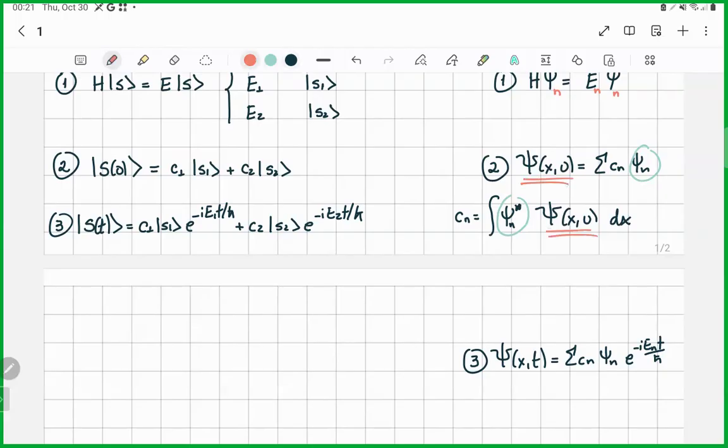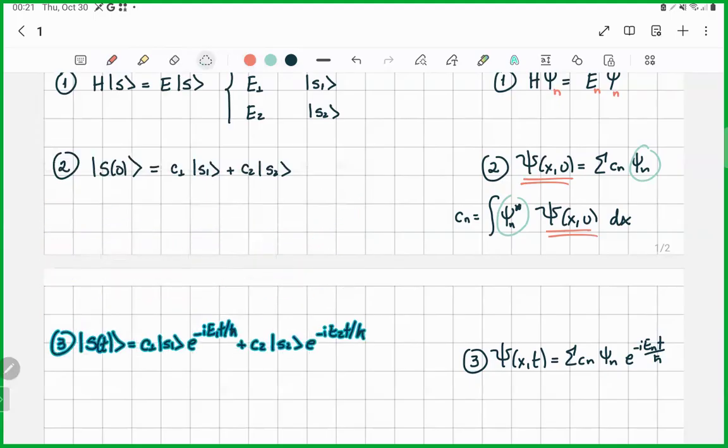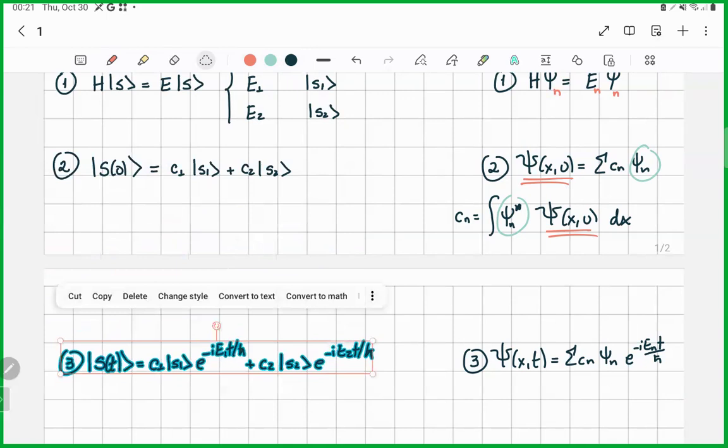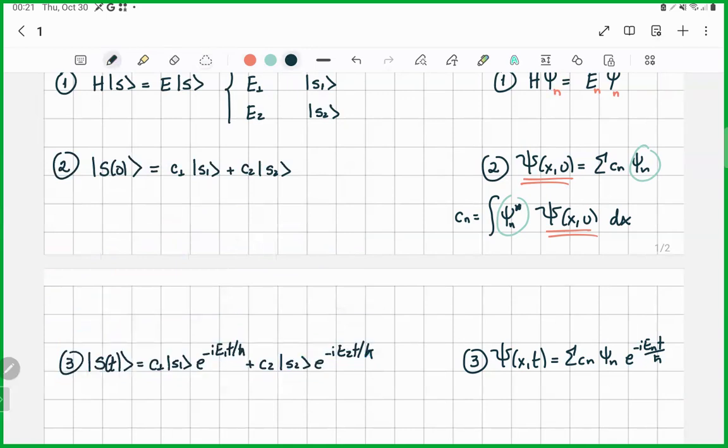Well, it's the same story here. So how are we going to find our C1 and our C2? Well, C1 will be the inner product between S1 and our initial state, and C2, the inner product between S2 and our initial state, right?